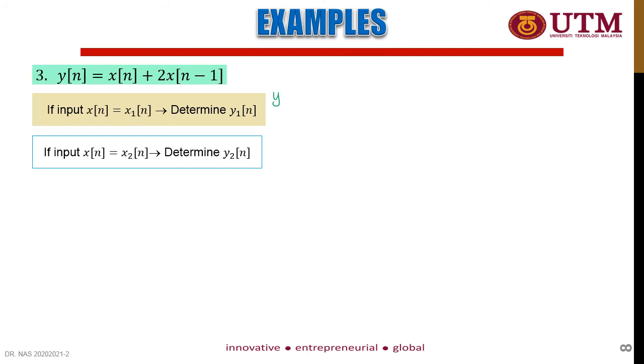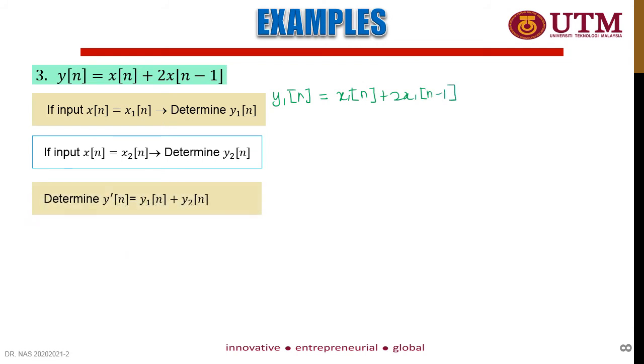So y1[n] equals x1[n] plus 2x1[n minus 1]. Then determine y2. In this case, y2[n] equals x2[n] plus 2x2[n minus 1].